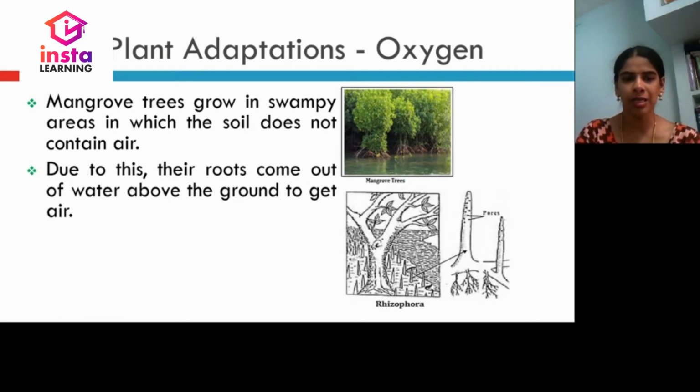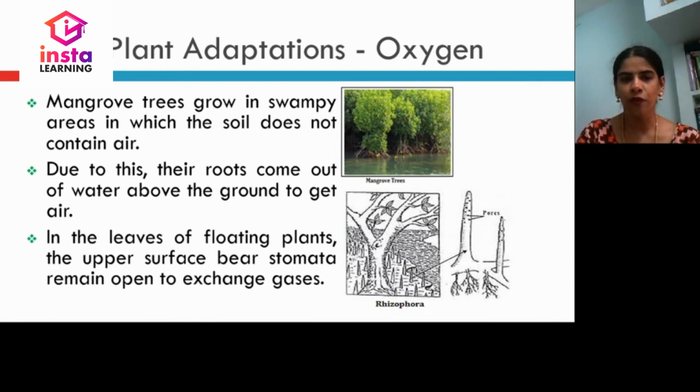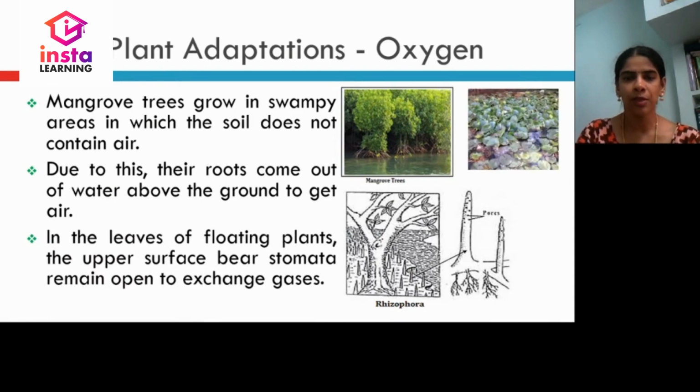This can be seen in Rhizophora. The air can be obtained through the pores present in the roots as shown in the figure. In the leaves of floating plants, the upper surface bears stomata which remain open to exchange gases.